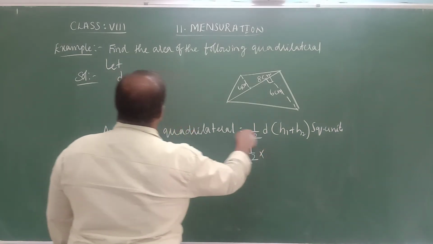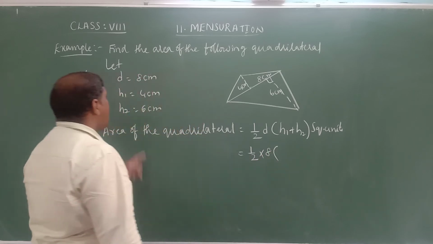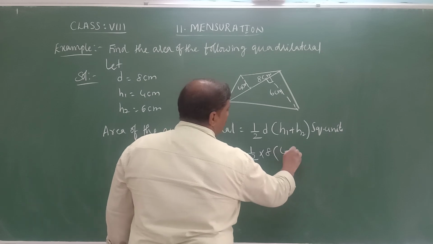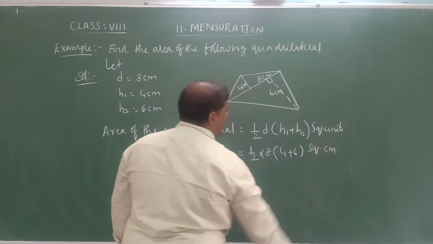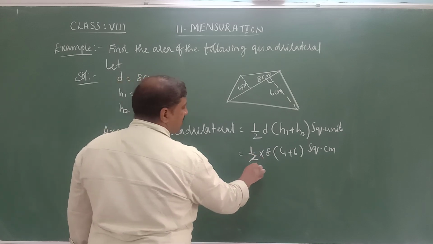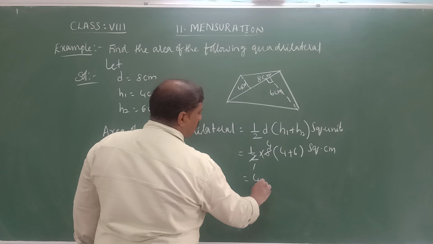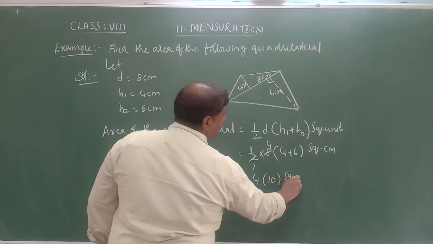Half into d, which is 8 centimeters, so write 8, and h1 is 4, h2 is 6, so 4 plus 6 square units, in the sense of square centimeters. Now 2 ones are 2, 2 fours are 8, so 1 into 4 is 4, into 4 plus 6, which is 10 square centimeters.